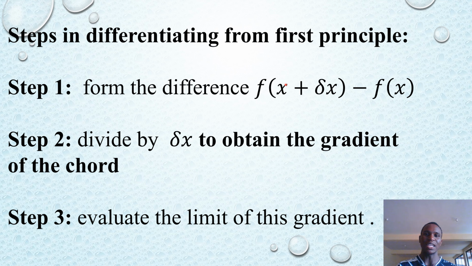I think that's what we said, right? Or divided by delta x, because that simplifies to delta x. So if you have to differentiate from first principle, you just need to follow these 3 steps.